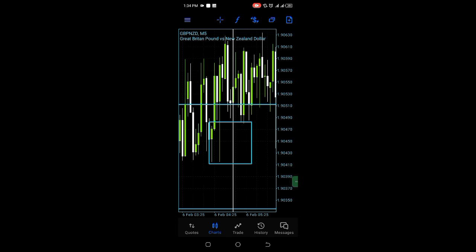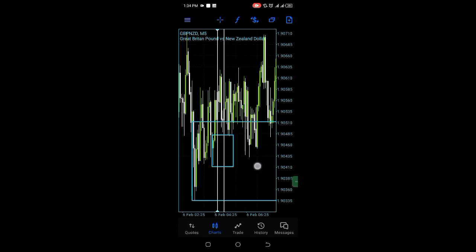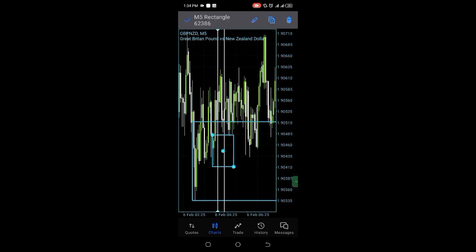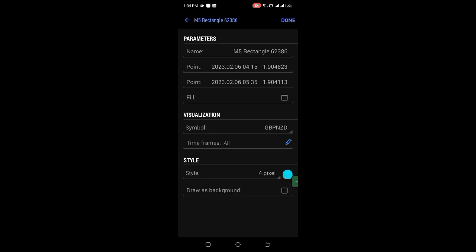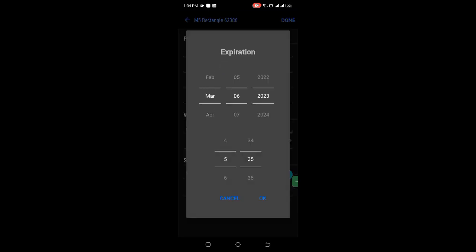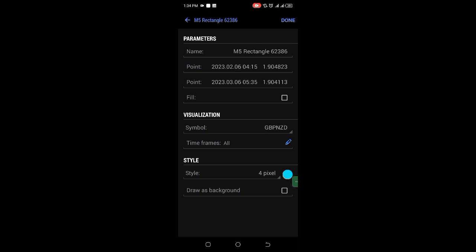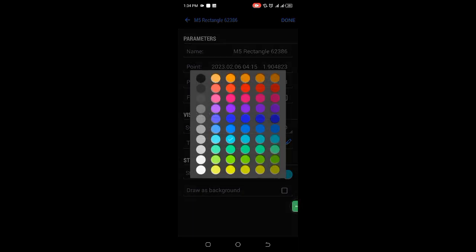I will be playing with this. That is my zone there, as you can see. From here, I will just move the zone into the future to see where we tapped in.